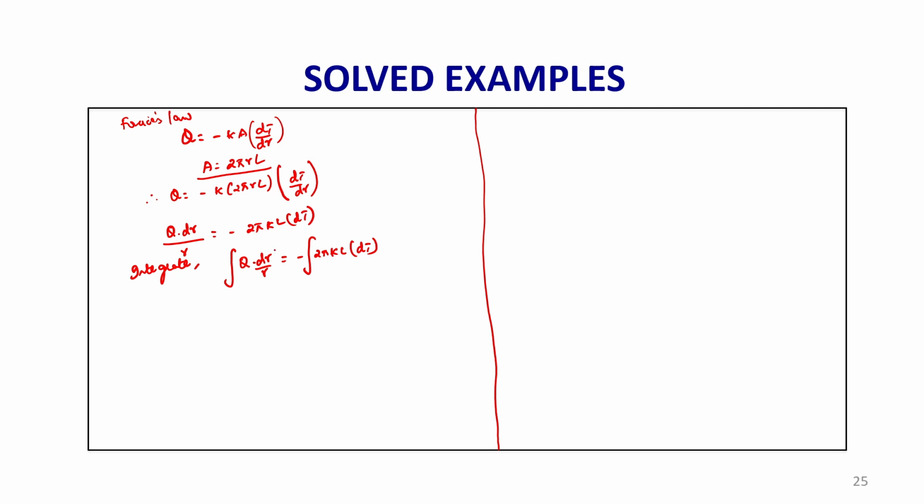Now, here the variable is r, with dr by r, so we have to integrate that with respect to dr, and similarly on the right side we have to integrate with respect to dt. All other terms are constant. So, Q into dr by r is equal to minus 2 pi kl, which is a constant term and can be taken outside the integral, integral dt.